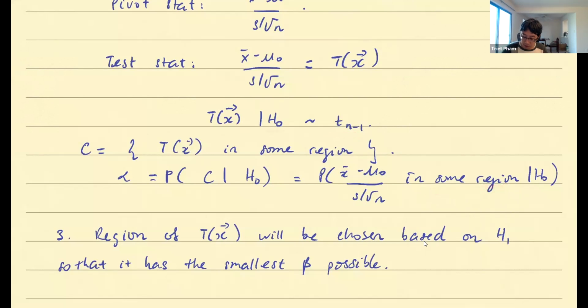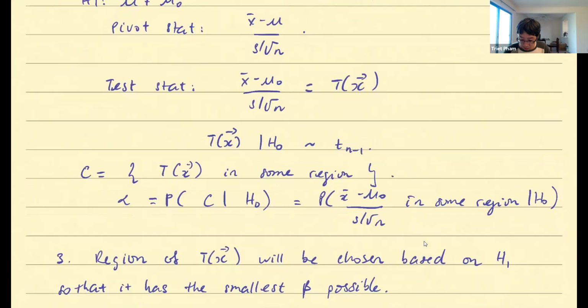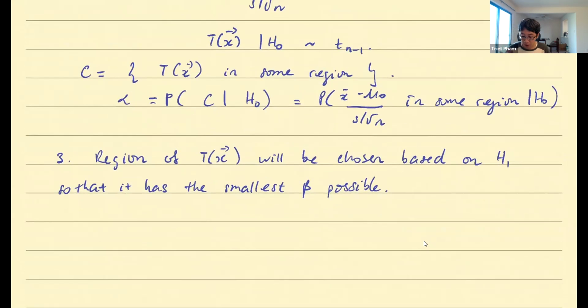Then the fact that the alternative is two-sided will tell you what region to choose here that will make C the most powerful among the possibilities that you can choose. So it all ends up being very natural in a way. It will end up being the region that we always go with. But these items 1, 2, and 3 are really the motivations behind the reason why we do what we do. So let's go back to the example and we'll talk about item 4, which is the p-value.